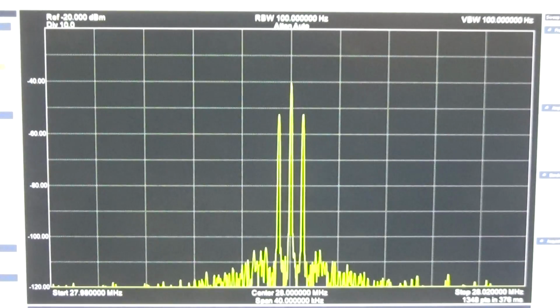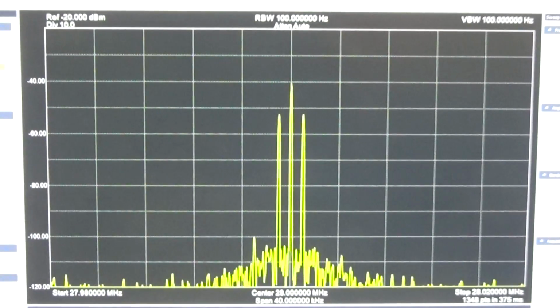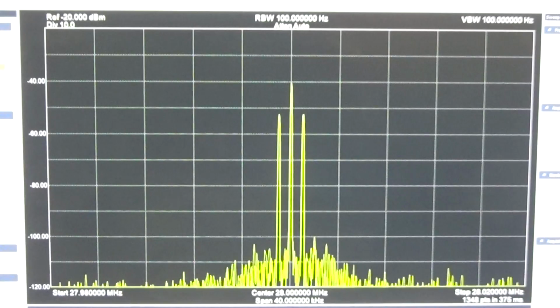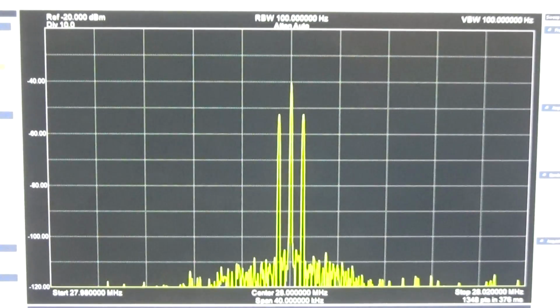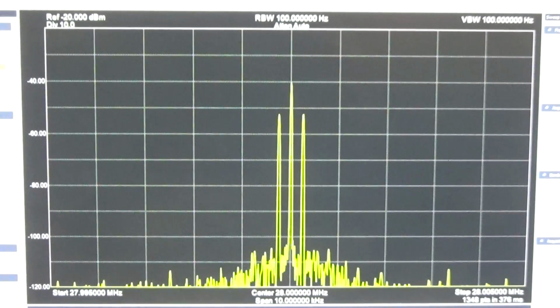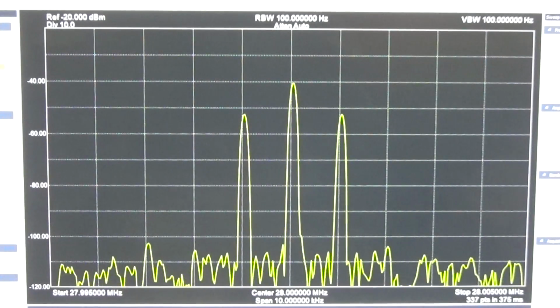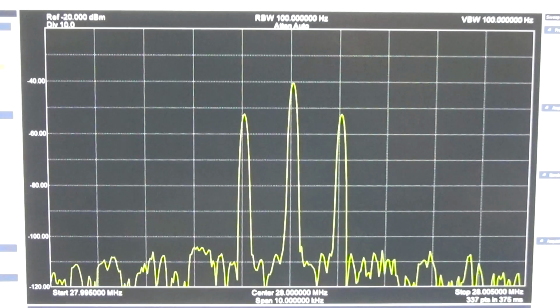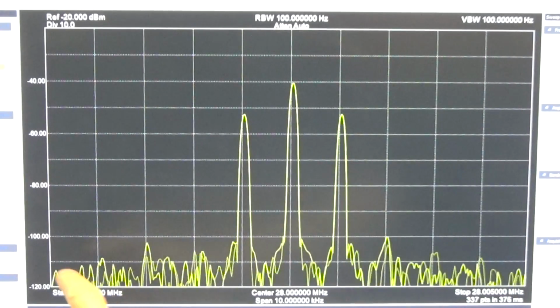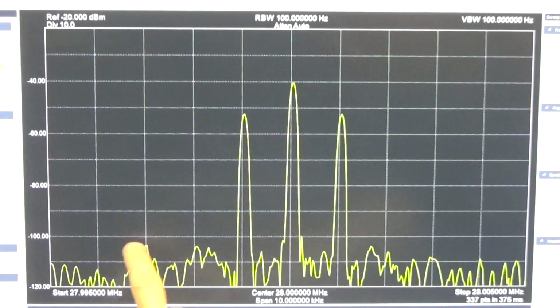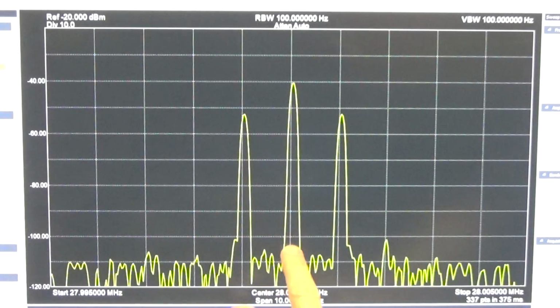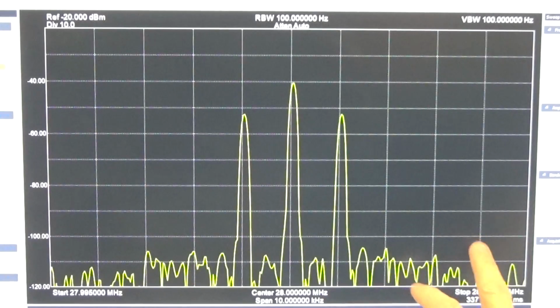And if we change our span from 40 kilohertz to 10 kilohertz, right? So you can easily see now our span is 10 kilohertz. We can really count 1, 2, 3, 4, 5, 6, 7, 8, 9, 10.